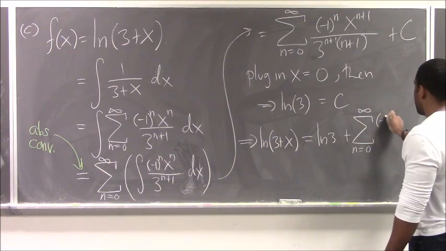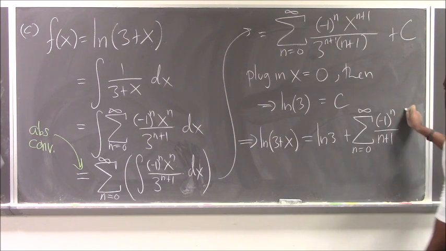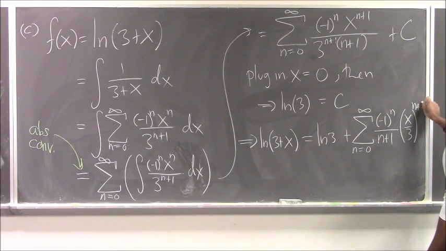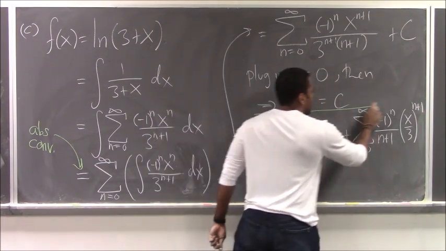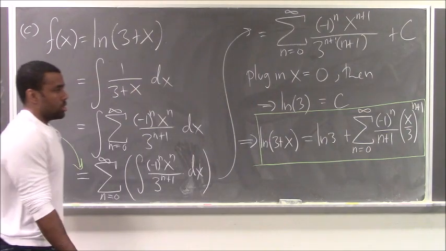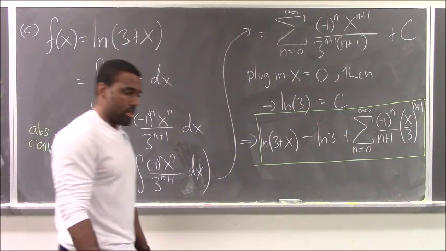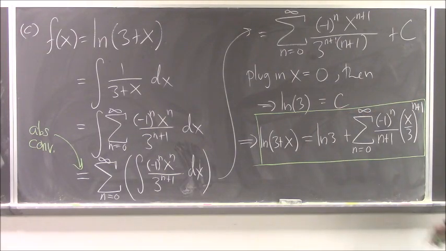I can write this as minus 1 to the n over n plus 1 times x over 3 to the n plus 1. So that's the series form of this guy. Not as clean as the other one. We have this constant lingering here, but it's still a series of terms.